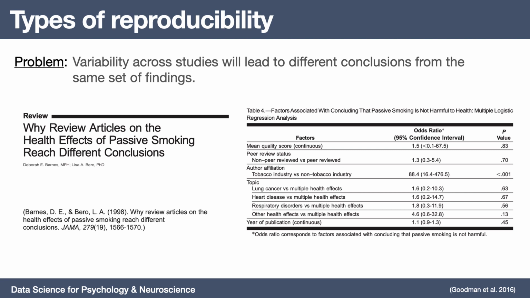And they found that there was a high degree of variability across studies that looked at the same data as to whether or not smoking was harmful to your health. So same data, same methods, yet the conclusions were vastly different across studies.